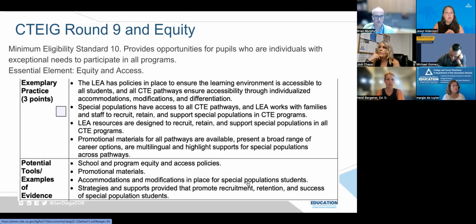Recruit, retain, and support special populations, fund that out of CTEIG, right? So the CTE Incentive Grant is really specific. Also things like multilingual needs: if you have promotional materials but you have students who speak other languages, you can fund all of that translation out of your CTE Incentive Grant, right? So these are all things that you can write specifically into your CTE Incentive Grant.